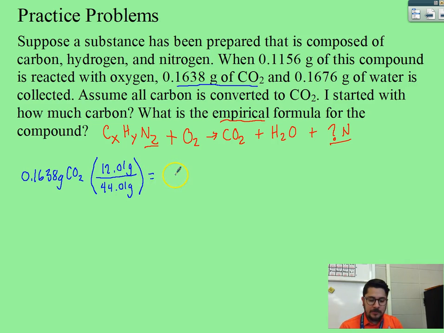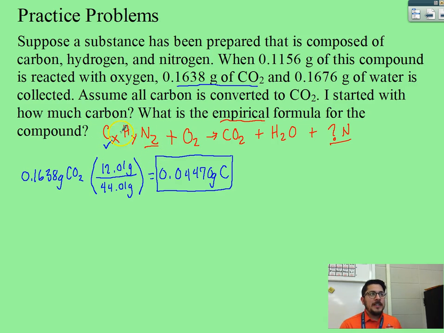And that's going to give me 0.04470 grams of carbon. And so here is the answer to the first question: how much carbon I started with. So I'm going to box that one in. Okay, and so I know how much carbon I have.